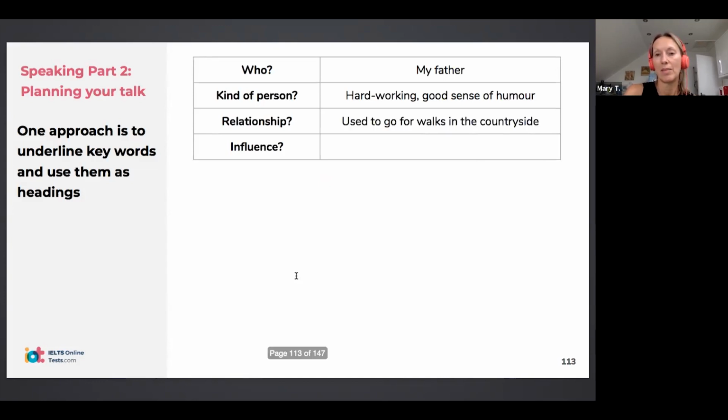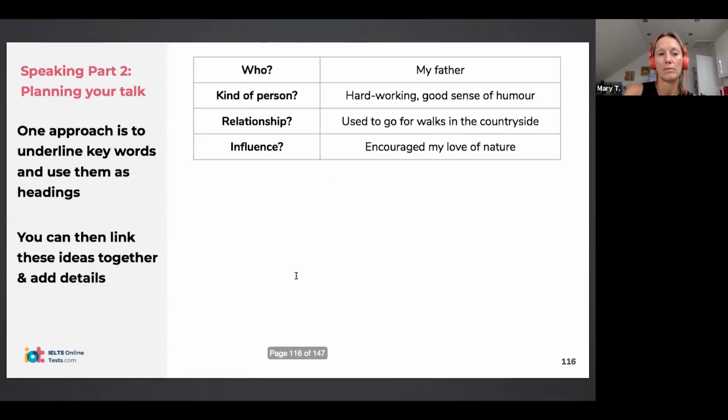Relationship: they used to go for walks in the countryside. How he influenced: he encouraged my love of nature. So you've got those notes, and it would be very easy to talk about them. Then you can link these ideas together and add some details.